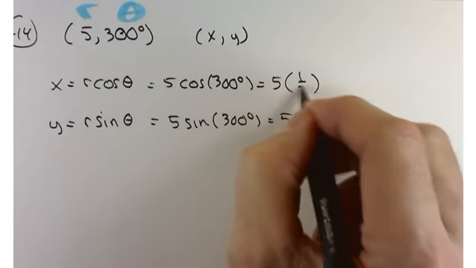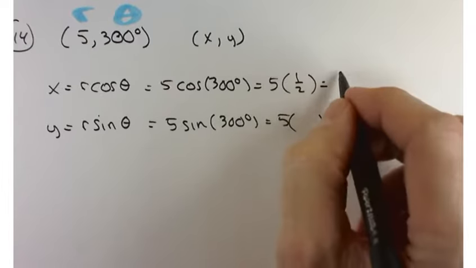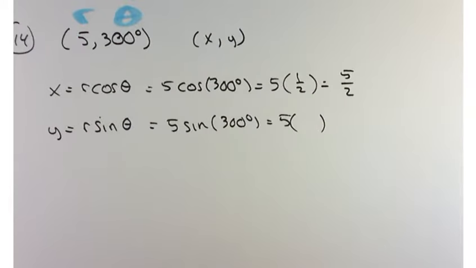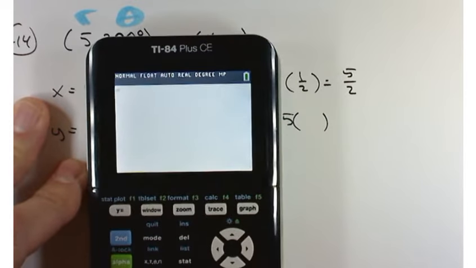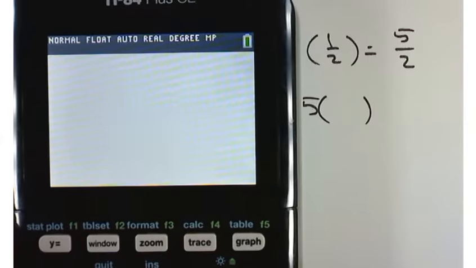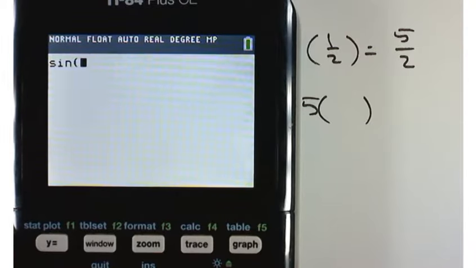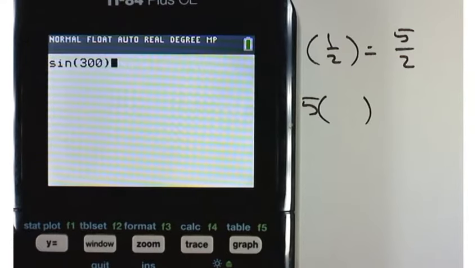Positive 1/2. So 5 over 2. Now, if you're looking at that and going, oh man, sine, cosine, 300, 330, I always mess those up, there's nothing wrong with taking out your calculator and saying, okay, sine of 300.